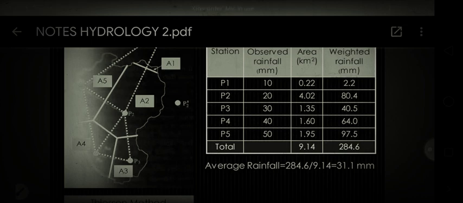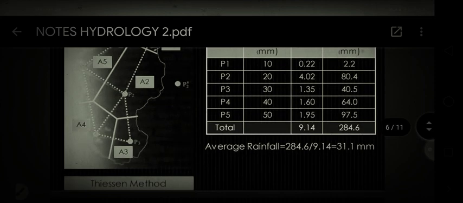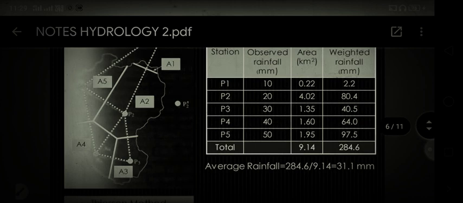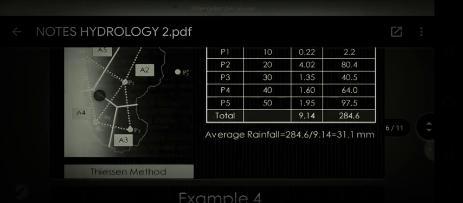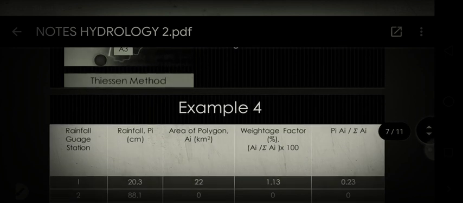So the observed rainfall into area will give you the weighted rainfall. As per this calculation, the total area will be 9.14 and the weighted rainfall will be 284.6. So the average rainfall will be 284.6 upon 9.14, which will be 31.1 millimeter.